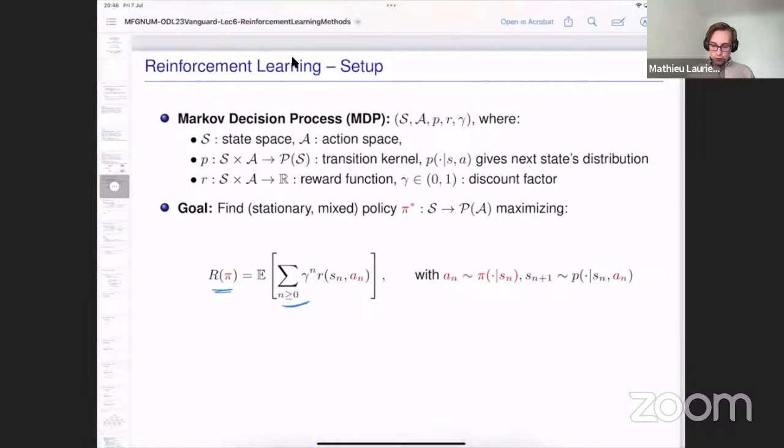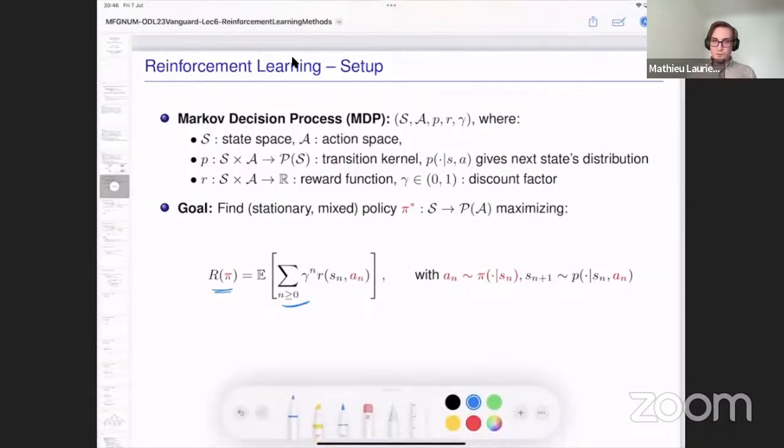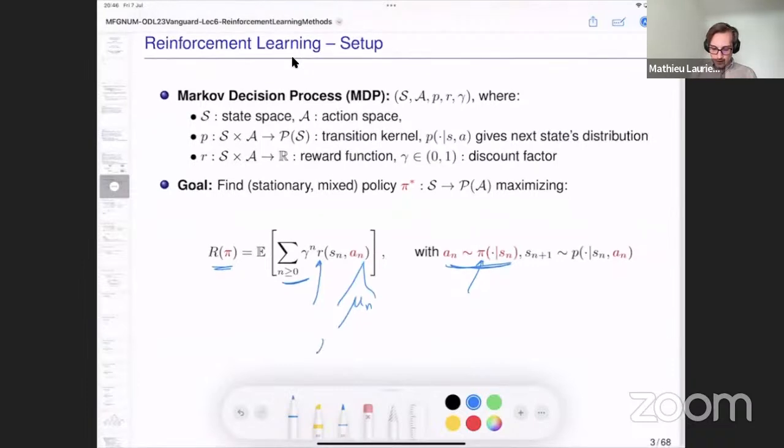Okay, and here you see that I allow randomized actions. So you sample action A_n according to the distribution pi of S_n. And notice that pi is stationary thanks to this infinite horizon discounted structure and the fact that the reward is stationary. So one of the difficulties when we look at the mean field game is if suddenly you plug the distribution at the current time step, mu_n, and then you look at this reward function from the point of view of the agent, it looks like this, then, well, this is actually time dependent, right?